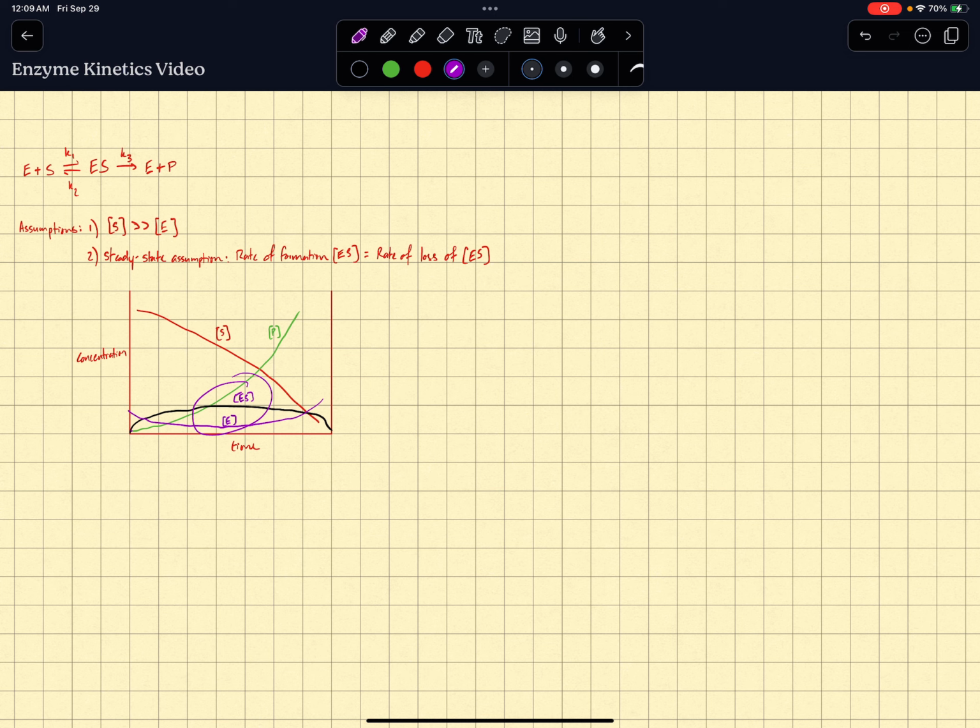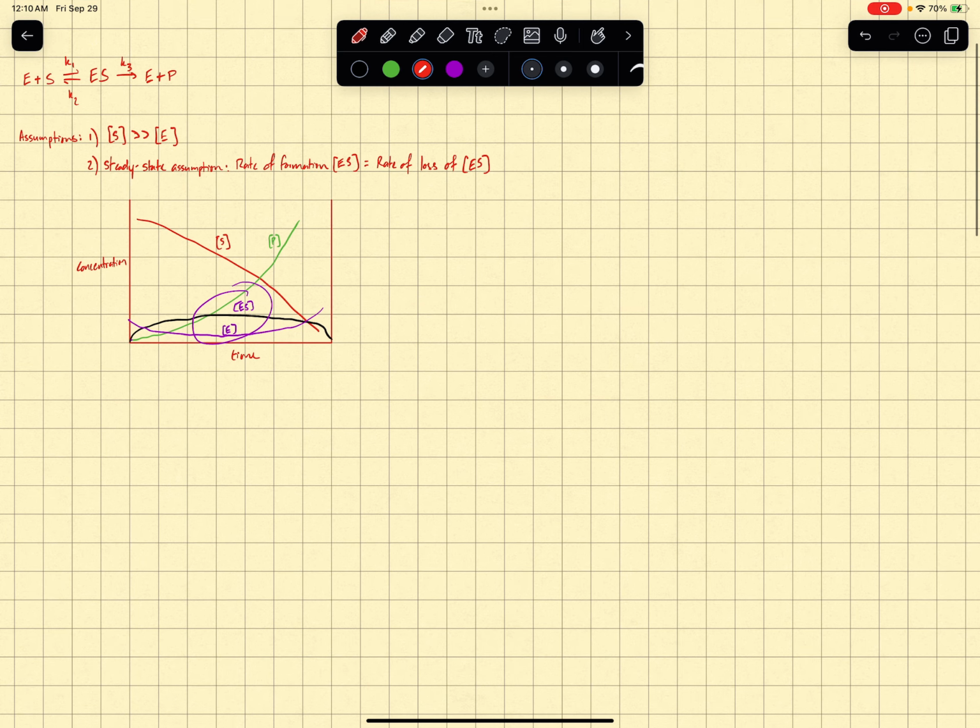That's the steady state assumption, meaning that while this reaction is happening, while enzyme is being converted to the enzyme substrate complex, and then that's being converted to an enzyme and a product, the enzyme substrate complex and the free enzyme concentration are going to remain the same the whole time. So that's what the steady state assumption is.